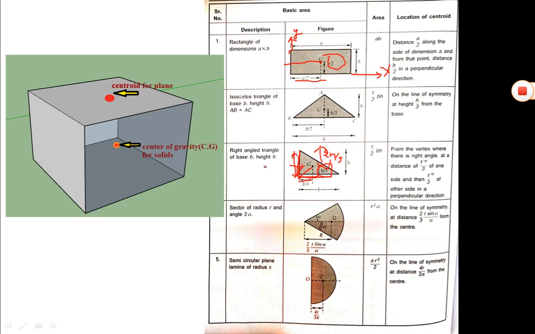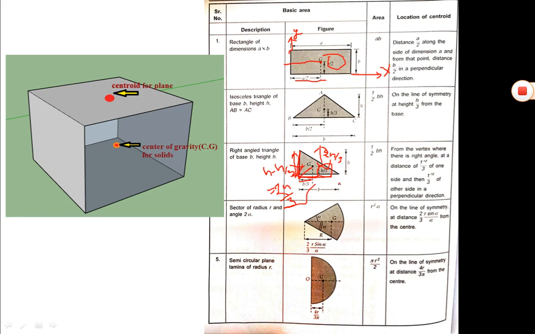So if I deduct h by 3, I will get 2h by 3. So this one is the longer side.